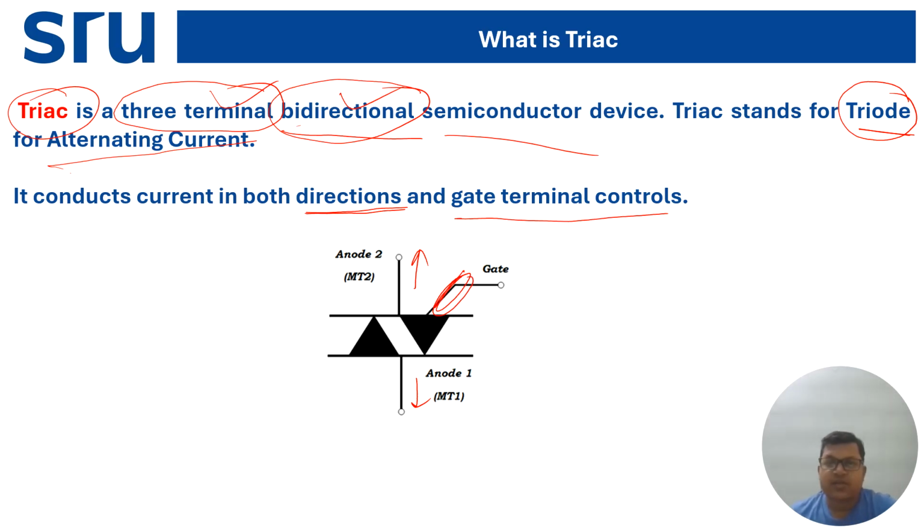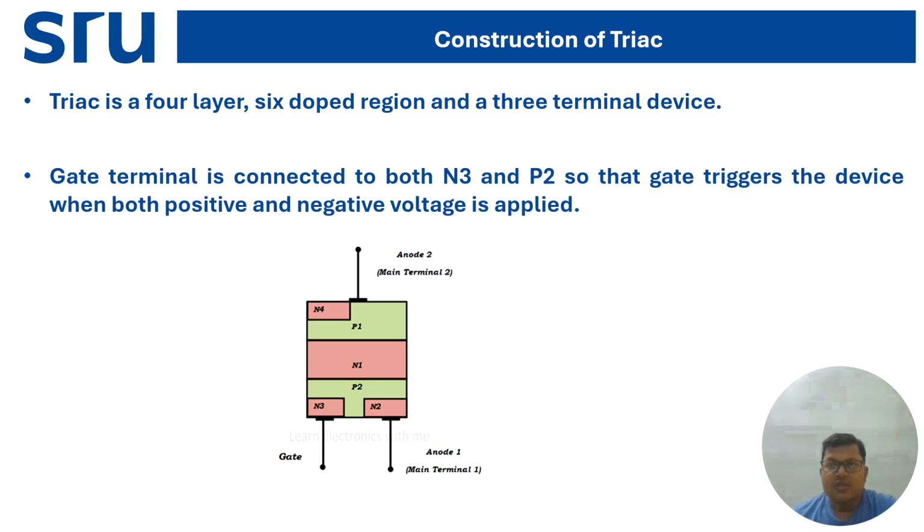Now we'll see the construction of the TRIAC. Here the TRIAC looks similar to a four-layer device like PNPN. So this is also a four-layer device, with six doped regions and three terminals.